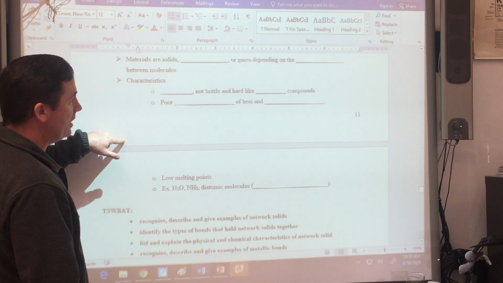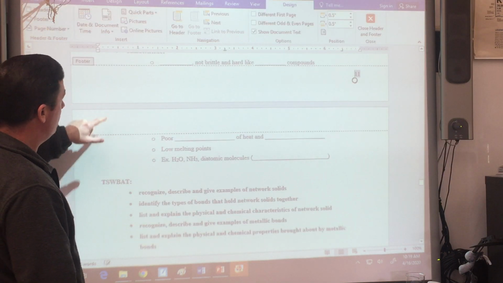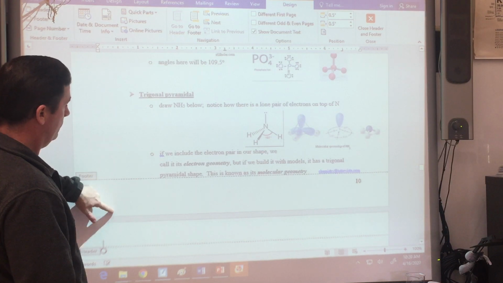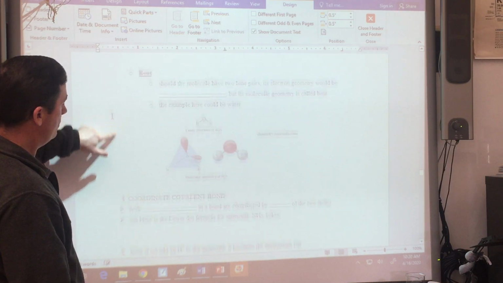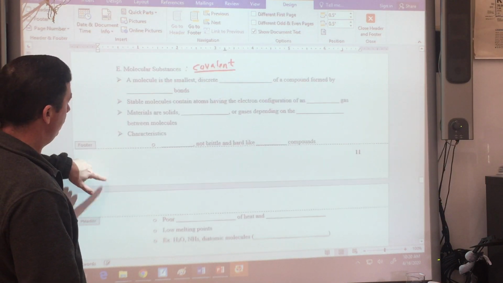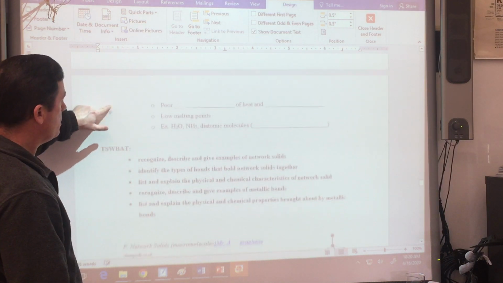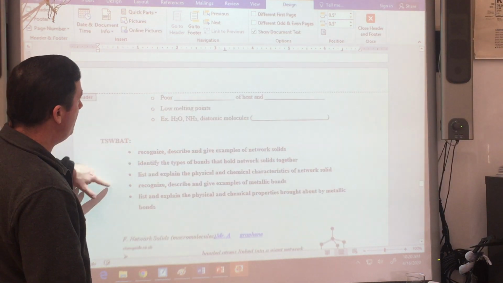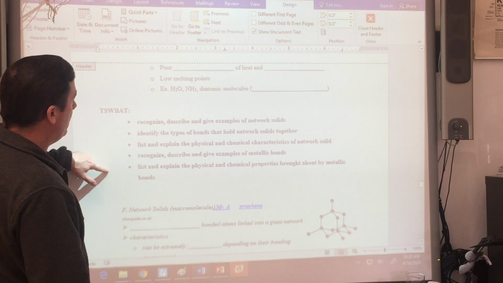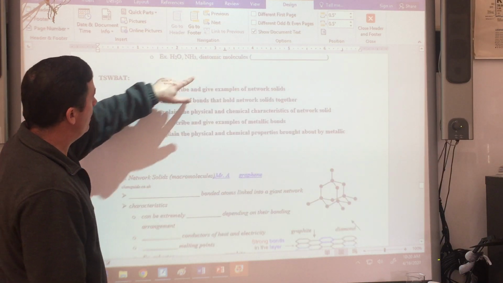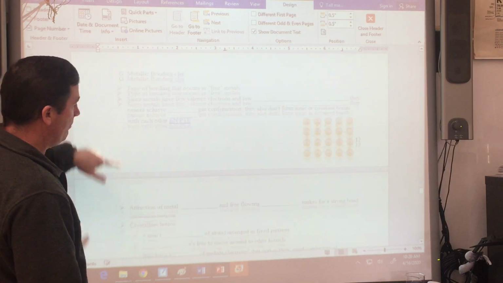They don't conduct heat or electricity very well. And they have relatively low melting points, and there are some examples there that are covalently put together.